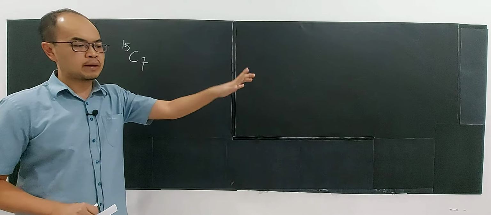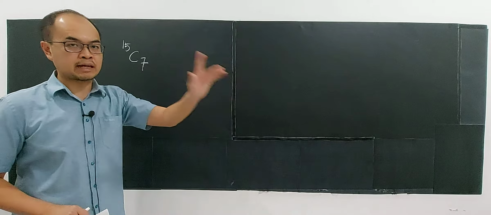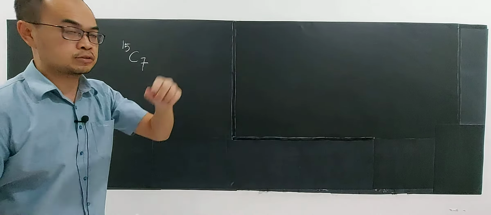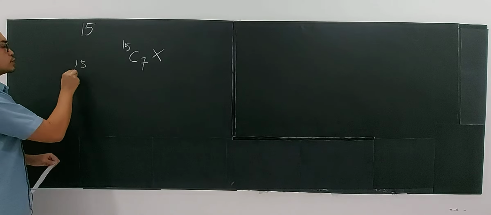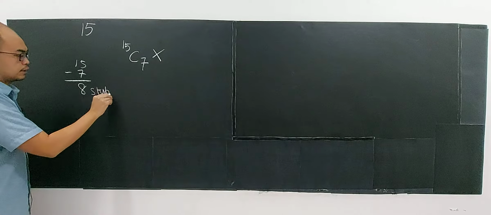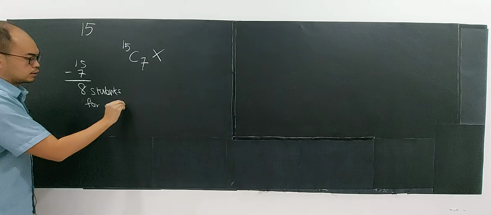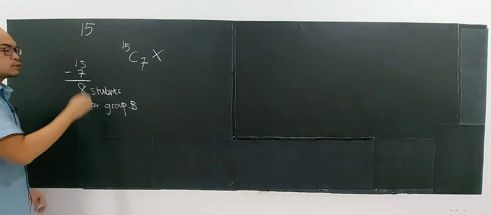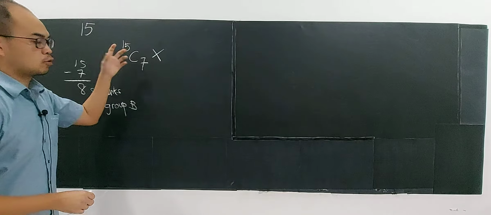First group A, I want to choose 7 of you. After I choose 7, 15 minus 7, I still have 8 students for group B.